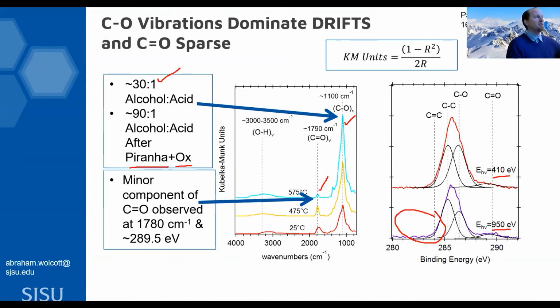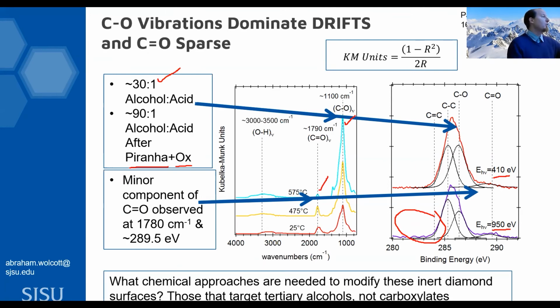The way you can understand it is 410 eV light would be more surface sensitive, going down about 3 crystallographic facets, while 950 eV gets you down about 1 nanometer into your material, approximately 5 to 7 crystallographic facets. But overall, it supported our conclusions that we had very few carboxylates and a mostly alcohol-rich diamond surface.